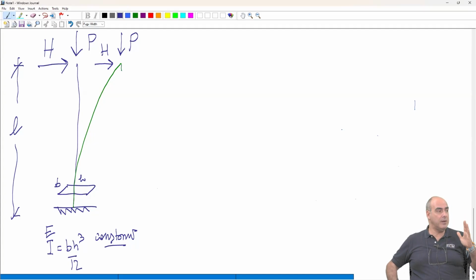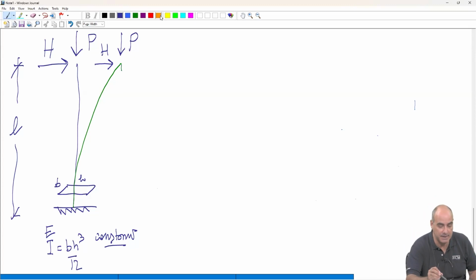The force P remains vertical because it's a gravity load. This same model you use for the wing of an airplane, and P can change due to turbulences. In that case, P follows the axis of the beam. In that case, P will do like this.